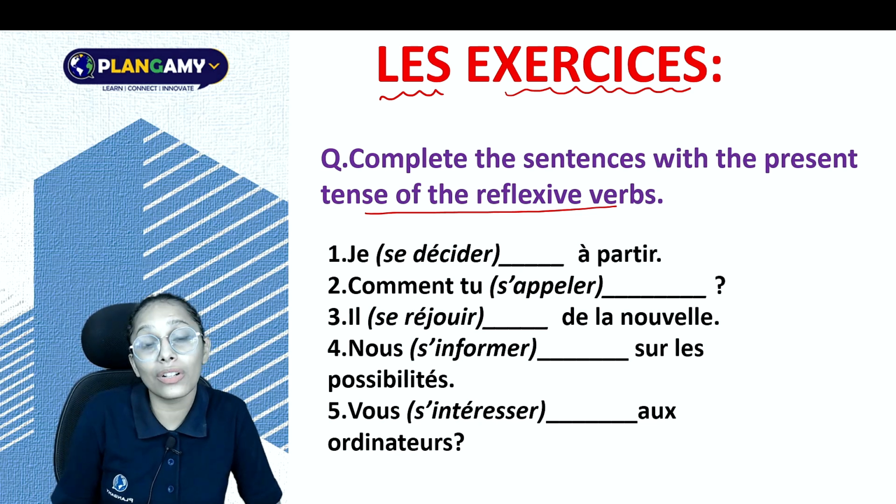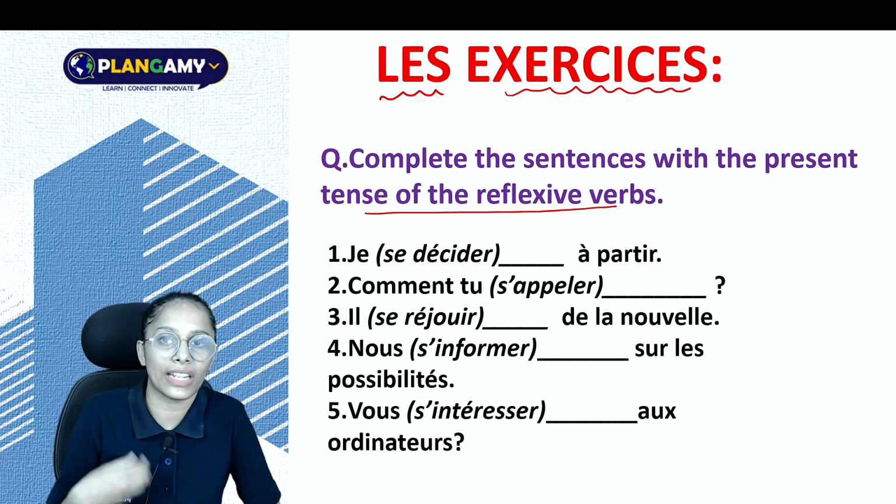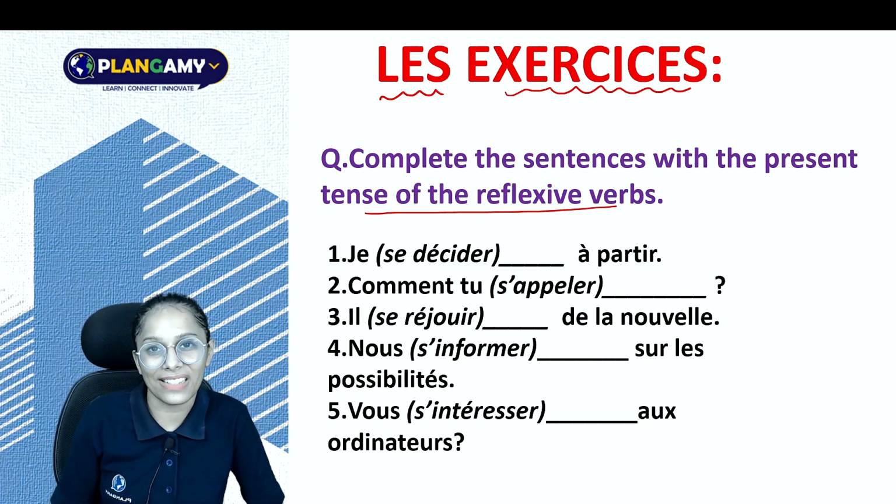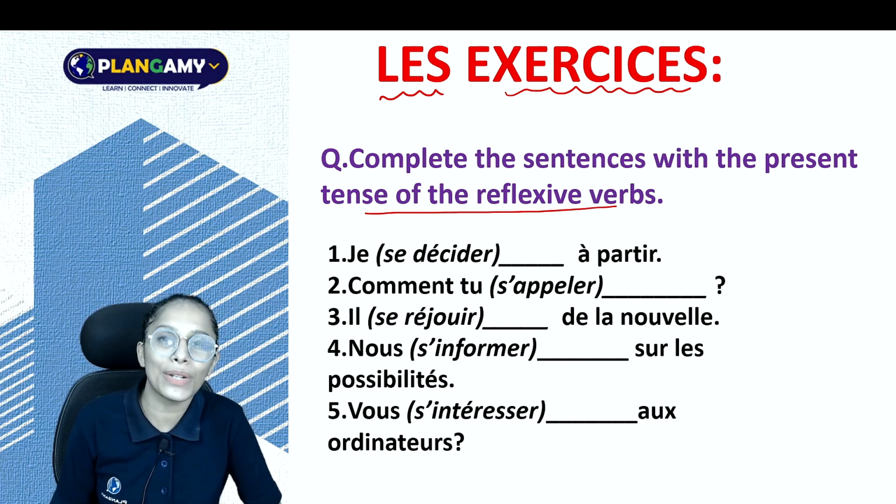We also learn in higher levels like A2, B1 and B2 how to construct pronominal verbs in the past tense. But right now we are only going to concentrate on the present tense of pronominal verbs.